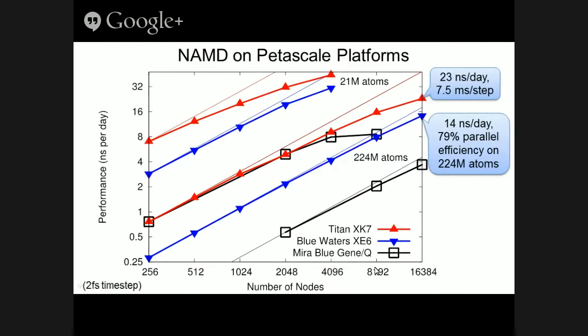These are nodes, not cores. 14 nanoseconds per day, 80% parallel efficiency, which is really great. Smaller systems, we can go faster, not using the entire machine, and then we get a pretty decent boost out of the GPUs. But as you scale up, you lose some of that to the network. But the GPU version is still always faster.